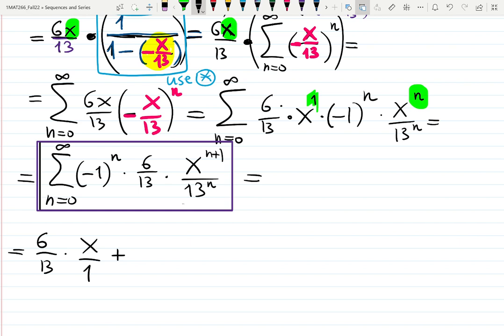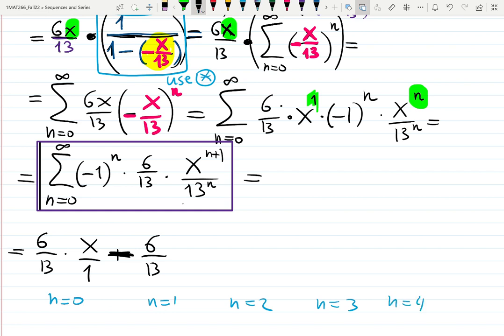Plus, when n is 1, now we know it's going to be minus, plus, minus, plus. So let me write down: n is 0, n is 1, n is 2, n is 3, n is 4.